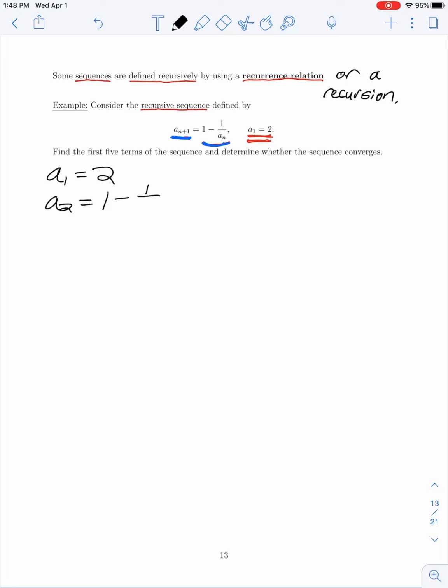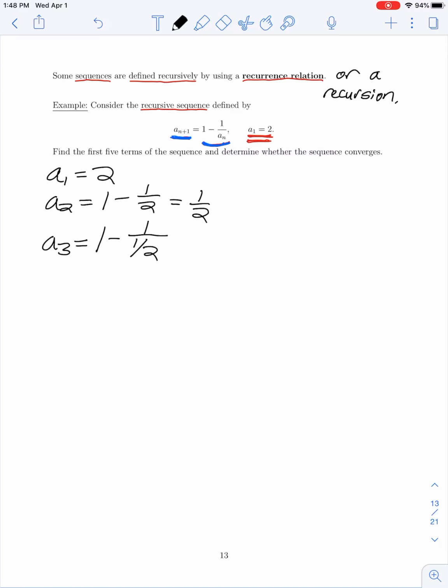So for this example, we were given our first term of this recursive sequence as 2. a1 was equal to 2. Now, using our recursion to get the second term in our sequence, a2, we're supposed to take 1 minus 1 over the previous term. And a1 was equal to 2. So here we're taking 1 minus 1/2, which is 1/2.